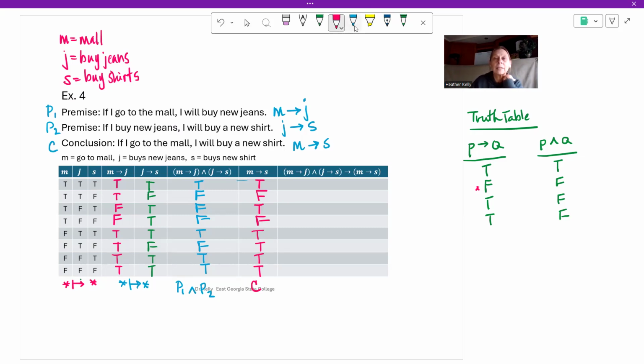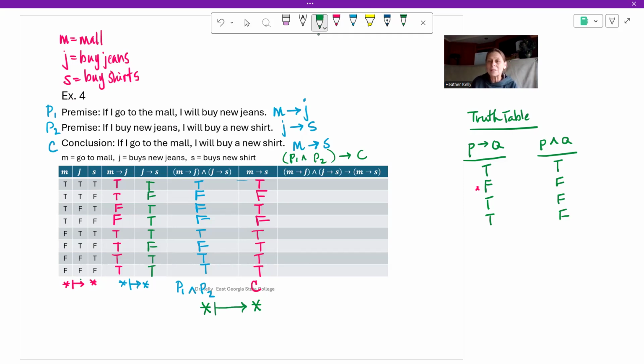And then finally, this last piece right here is our P1 and P2. If P1 and P2, then C. That's that whole thing put together. And so now we're going to use this row, because this right here, remember, is our if P1 and P2. In this row, we're going to go in this direction.